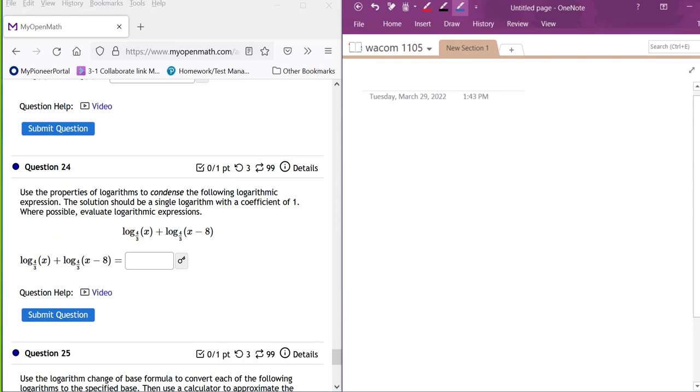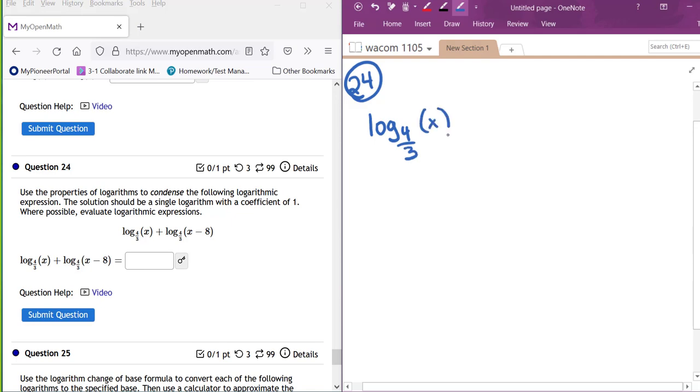24 I picked just because of that different looking base. I didn't want it to worry you. Right, so it is a sum of logs.